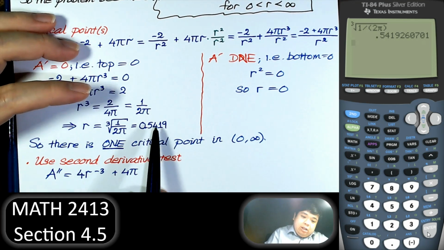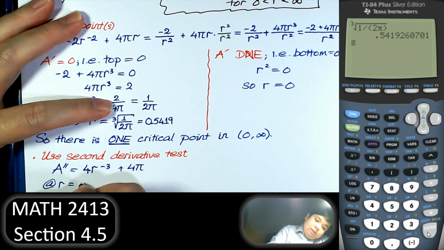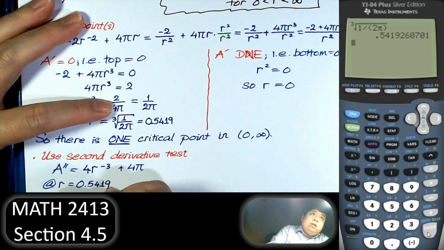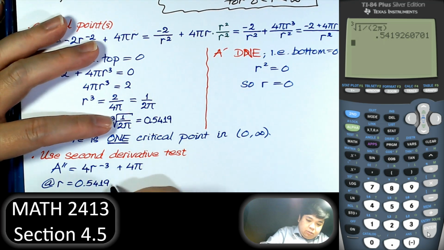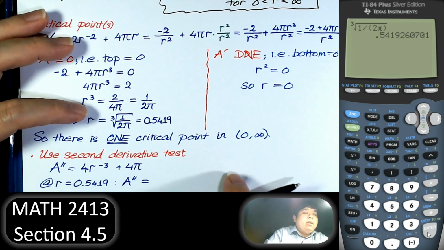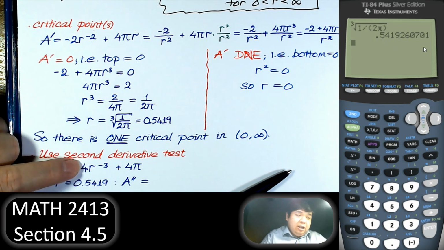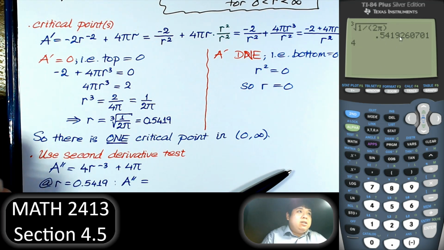Now I will evaluate at this point. The second derivative equals, so I have that value, right? I just say 4 times that number.